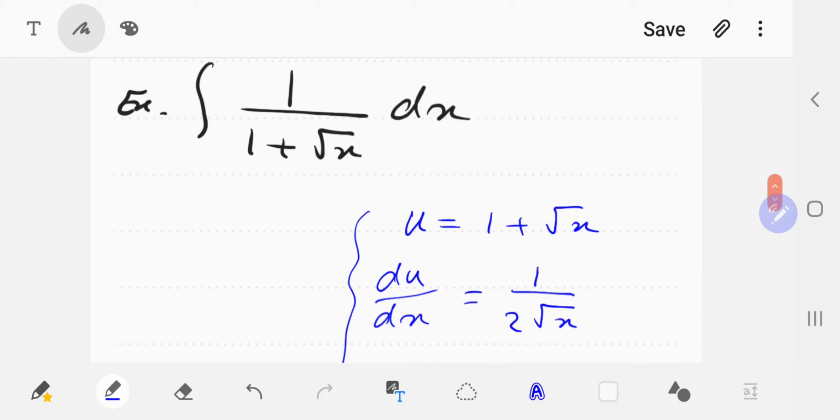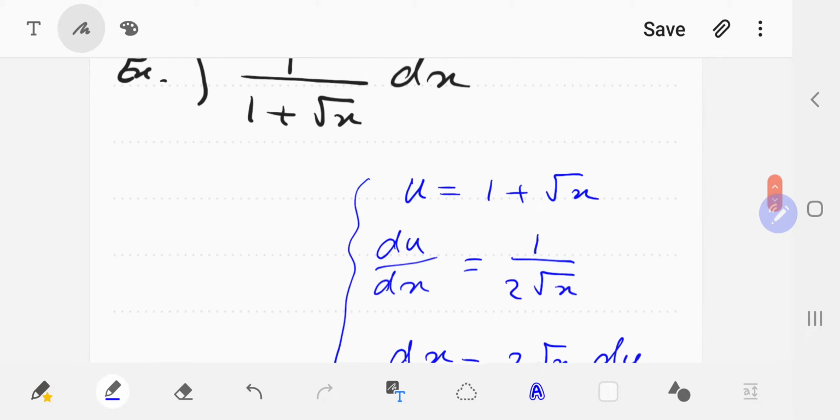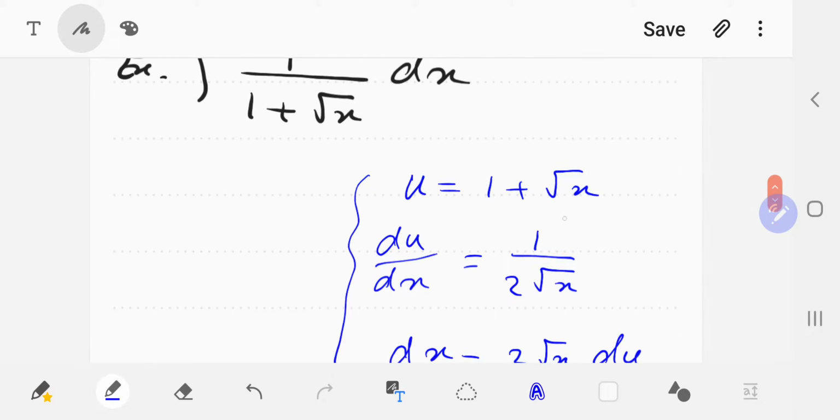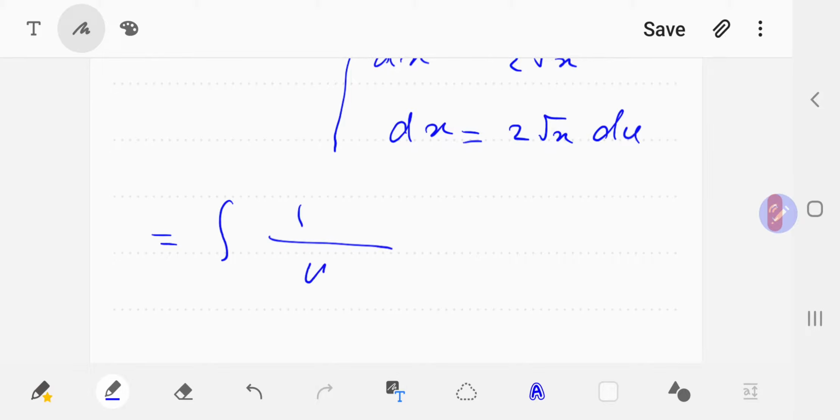Let's take this to our integration and see what's going to happen. 1 over 1 plus radical x, that's u now. 1 plus radical x is equal to u. So u times dx, which is now 2 radical x du.